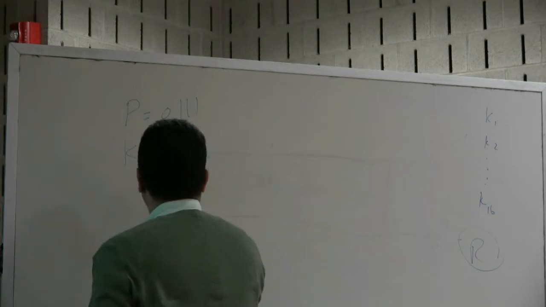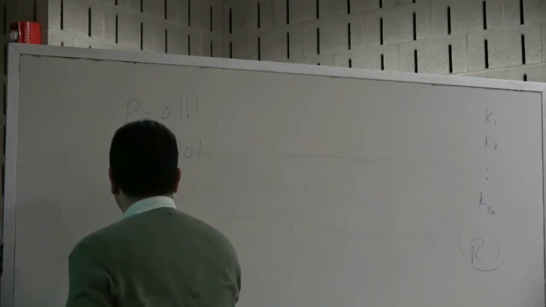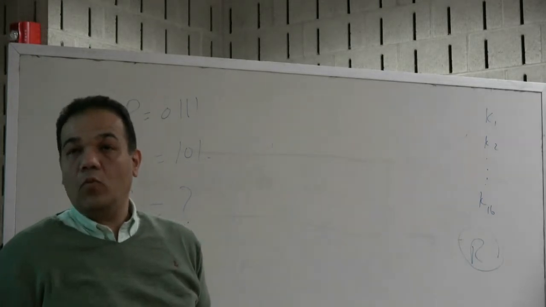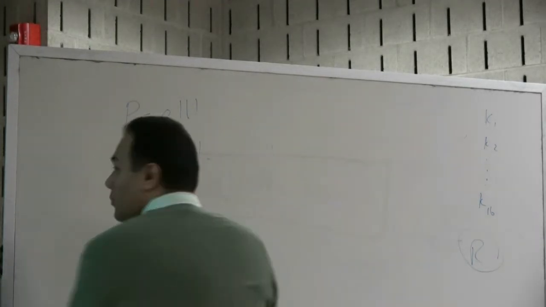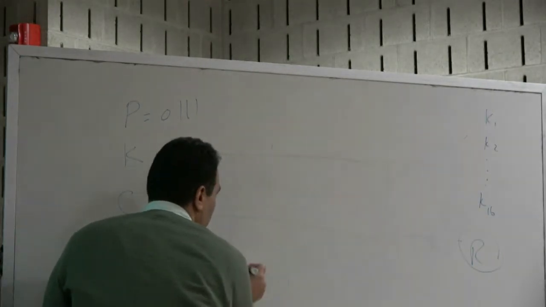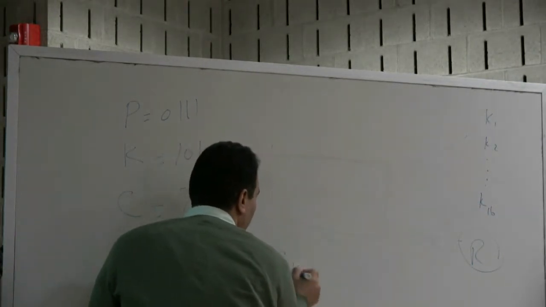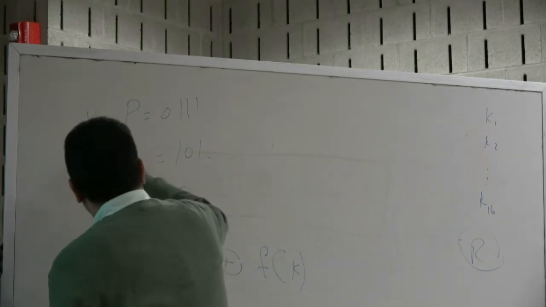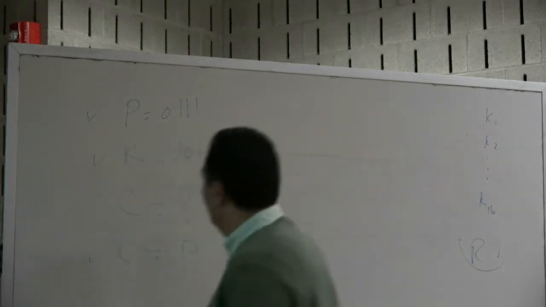The cipher how much? We don't know. Okay, what is the algorithm? C equals P XOR function of K. So this is given, given, given. This is what we need to find out.